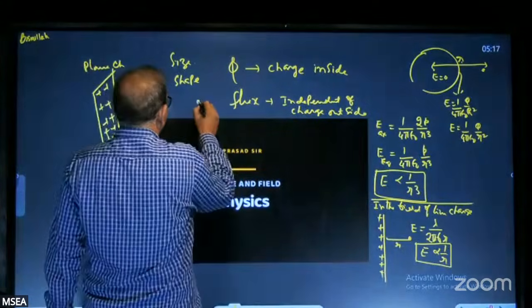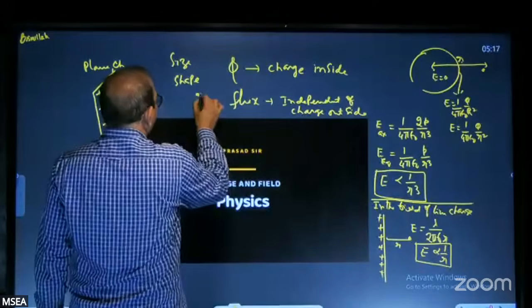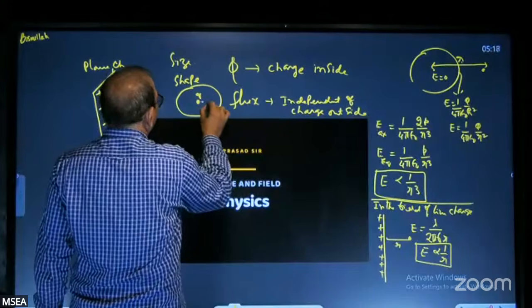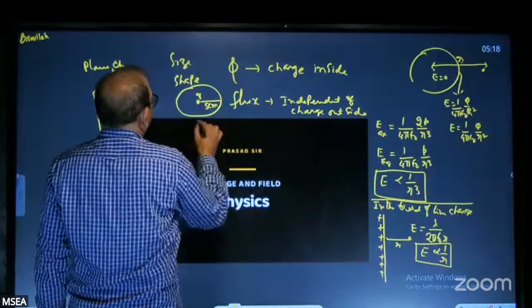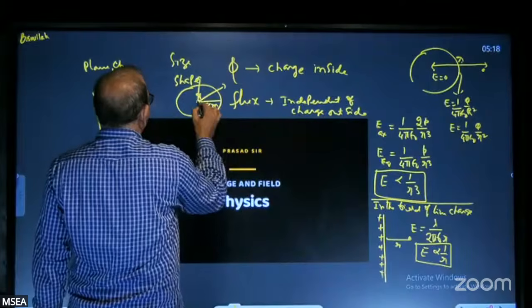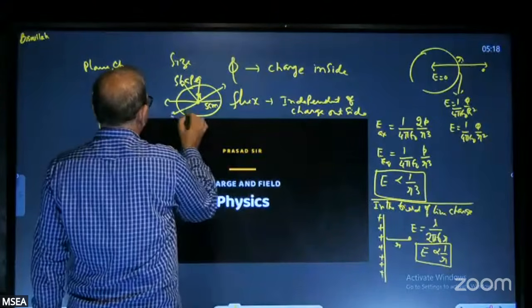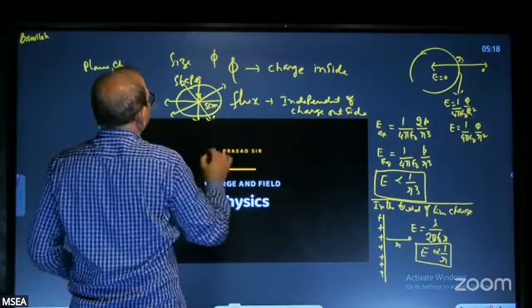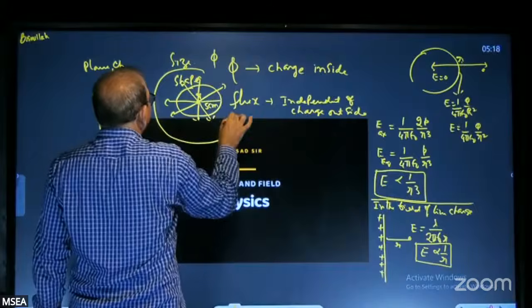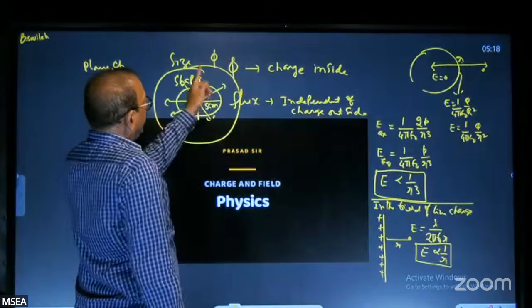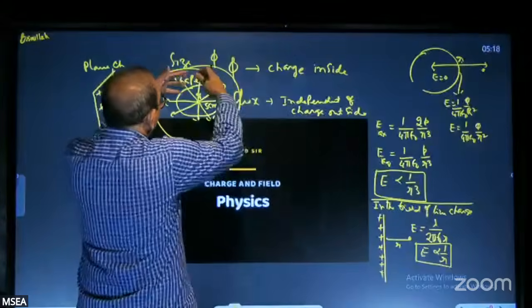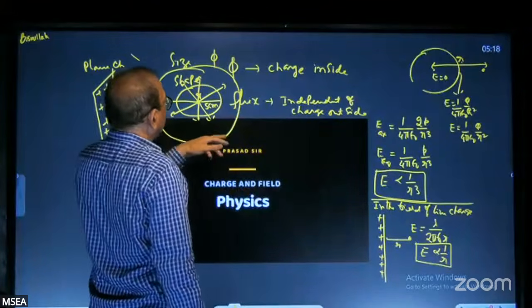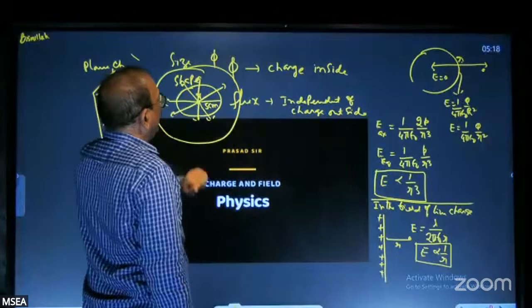Suppose there is a point charge Q. I'm assuming one sphere around this of radius 5 centimeter. The flux passing through this sphere of radius 5 centimeter, suppose 5. Then around this point charge, if we assume another sphere of radius 10 centimeter, the flux passing through that bigger sphere is also 5 only.